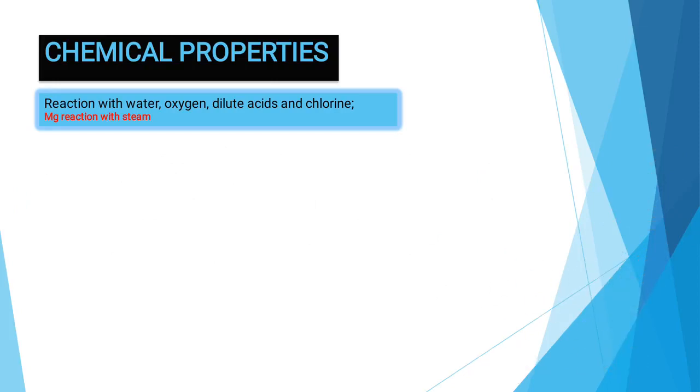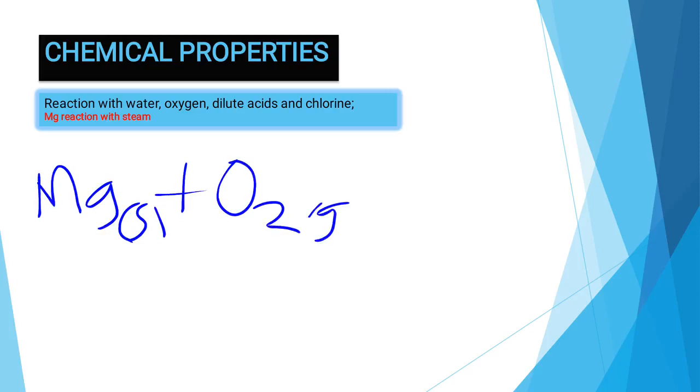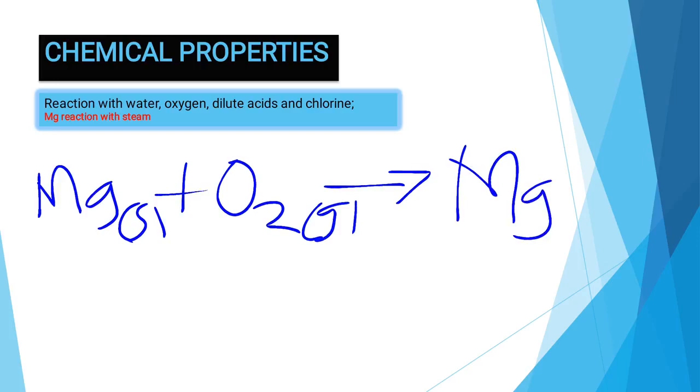Every time a metal burns in oxygen, the product that is formed is a metal oxide. So we have magnesium, which is a solid, reacted with oxygen gas, it will give us magnesium oxide, which is a solid.